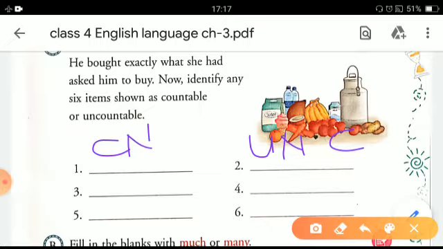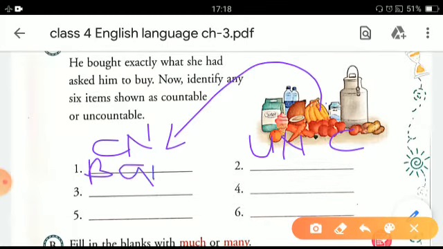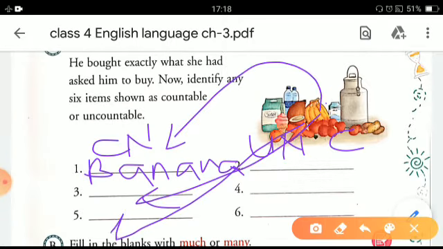The first item I'll select here is banana. So I'll write countable noun, banana. Apples, I can see apples in the picture, it will go in countable nouns. And I can see carrots, it will also go in countable nouns.